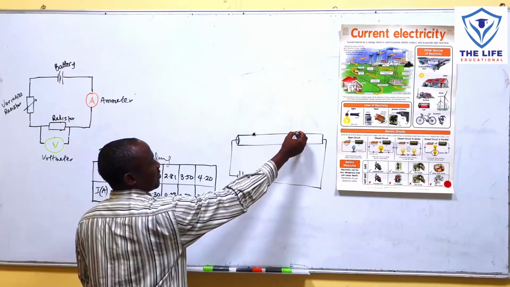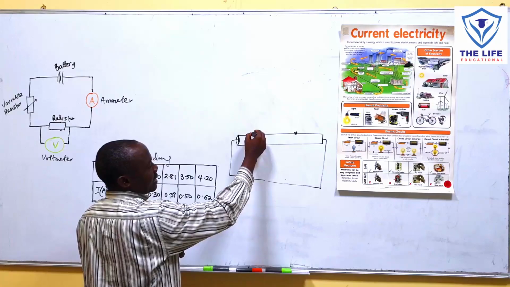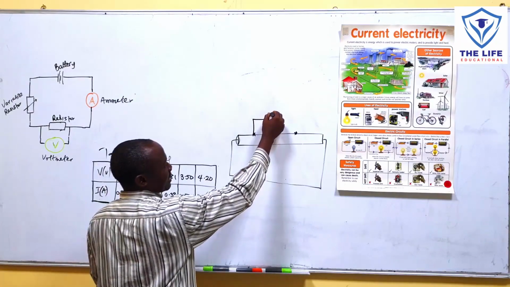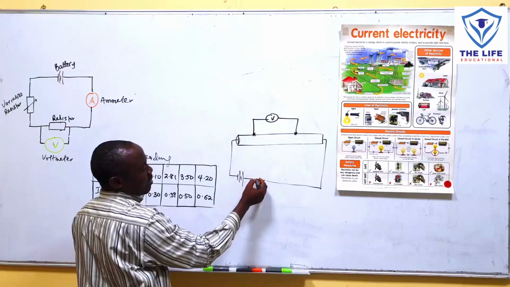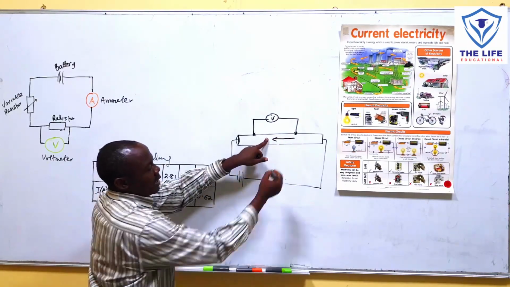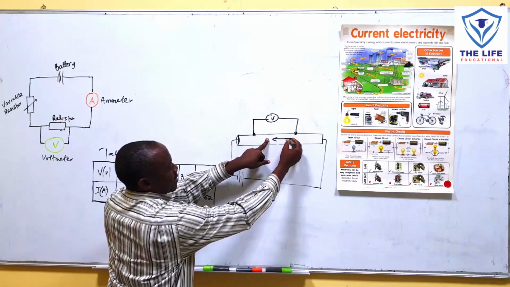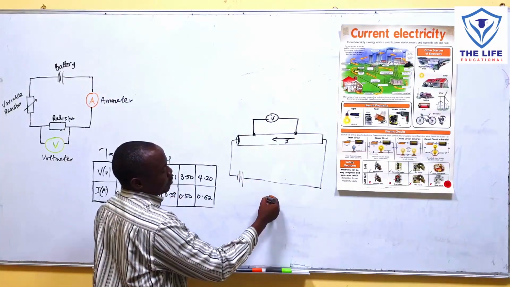What we are saying is that if 2 points are picked on the wire, the potential difference across the two ends must be directly proportional to the current that is flowing in that conductor, which we can put into mathematics.